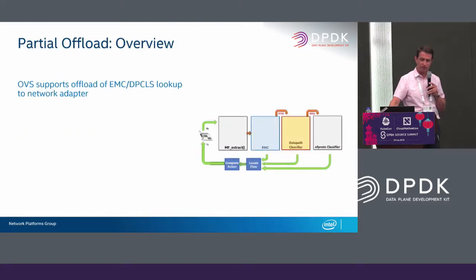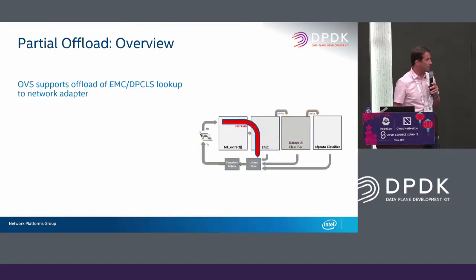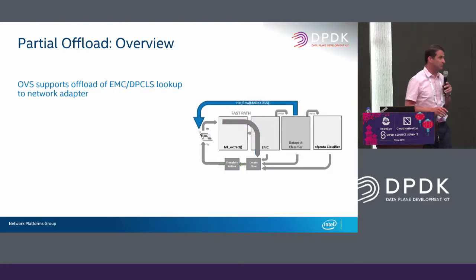First of all, the partial offload. The diagram on the right is your classic OVS pipeline: the extract, the exact match, the data path classifier, etc. Your typical fast path in OVS is through the EMC, the exact match, but it has a limited capacity, so it'll store 8K flows. If you miss that, then you're going to the data path classifier.